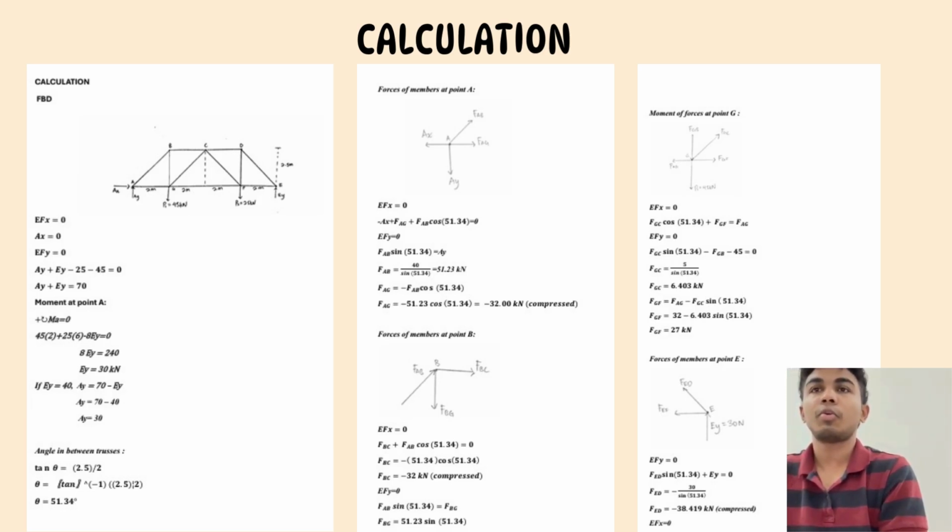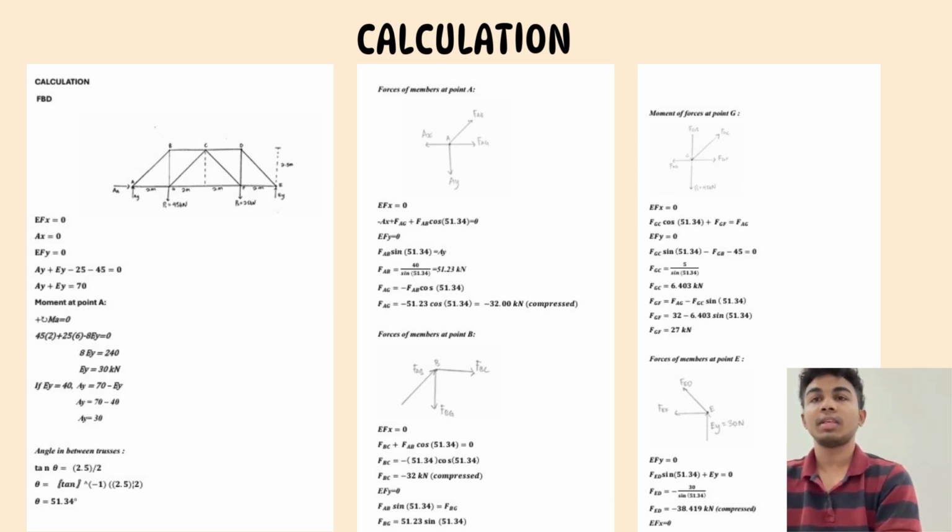Later on, I went to point G by using the same method. I get the answer for FGC, which is 6.403 kilonewton, and FGF, 27 kilonewton.